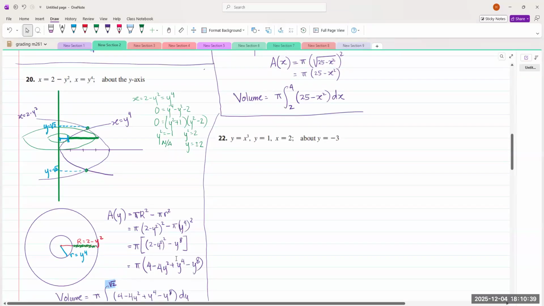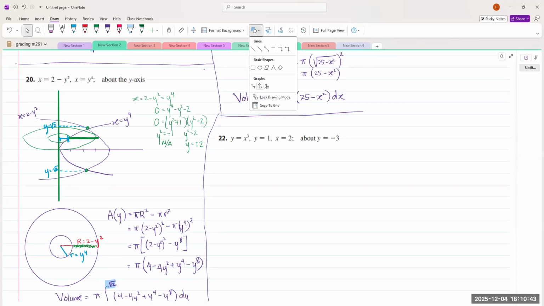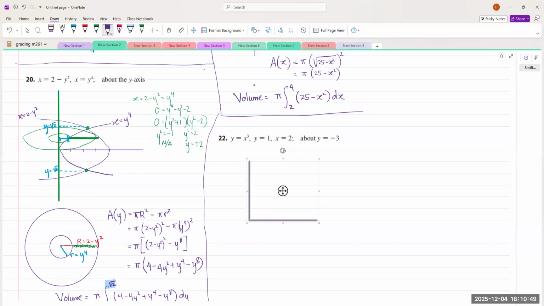Number 22, this is actually quite new. Number 22, we have a region bounded by y equals to x cubed. Let me make it a bit bigger. Y equals to x cubed looks like this.